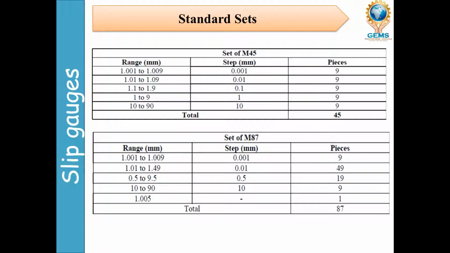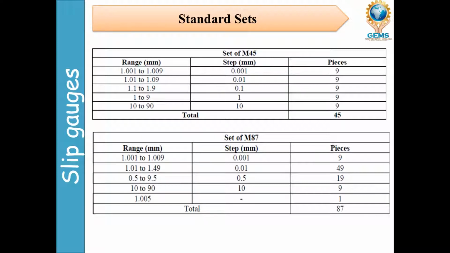If you go for the set M87, 1.001 to 1.009 is 9 pieces. The difference is 0.001: 1.001, 1.002, and so on. 1.01 to 1.49, the difference is 0.01, the step is 0.01, and there are 49 pieces: 1.02, 1.03, 1.04, 1.05, 1.06, like this.